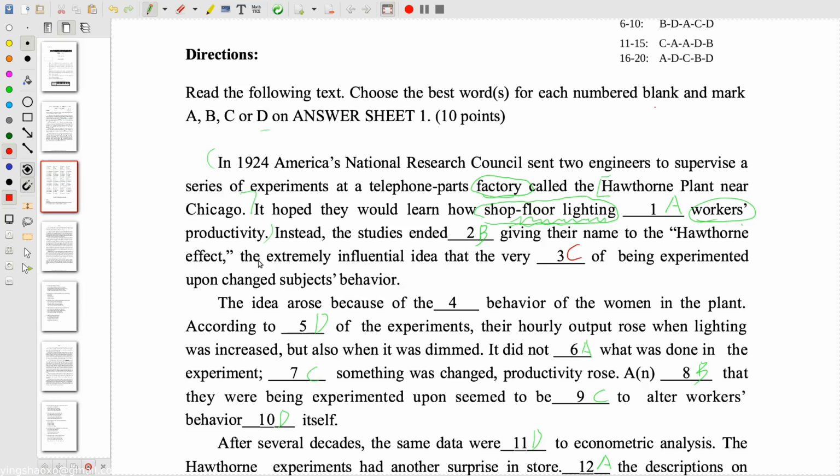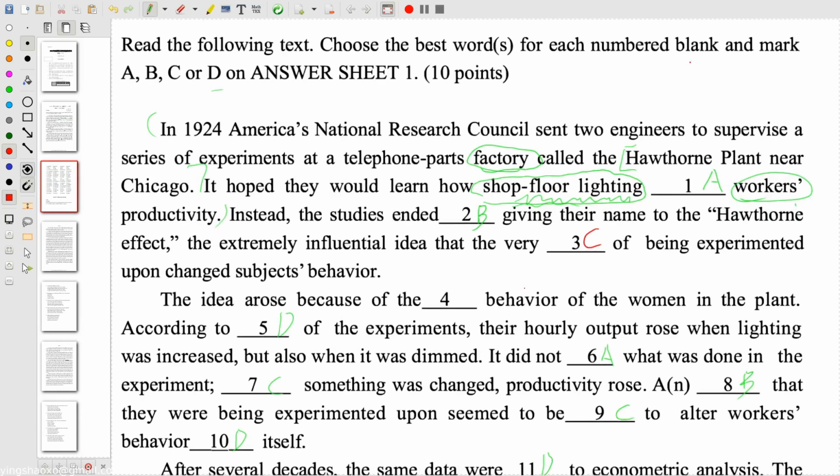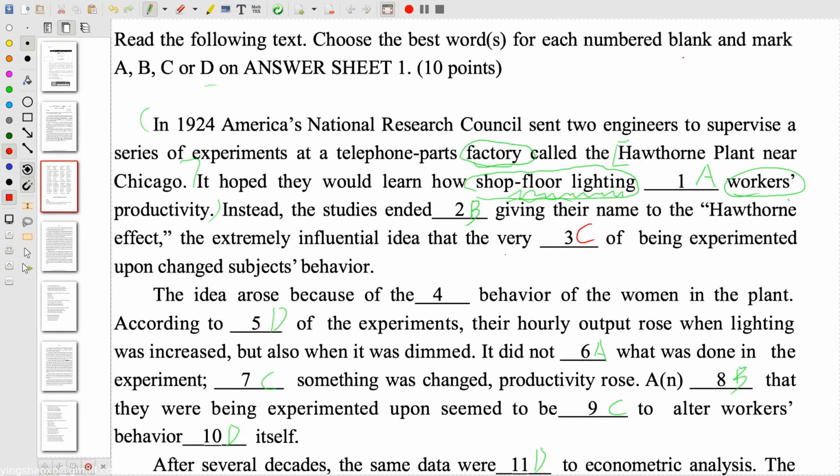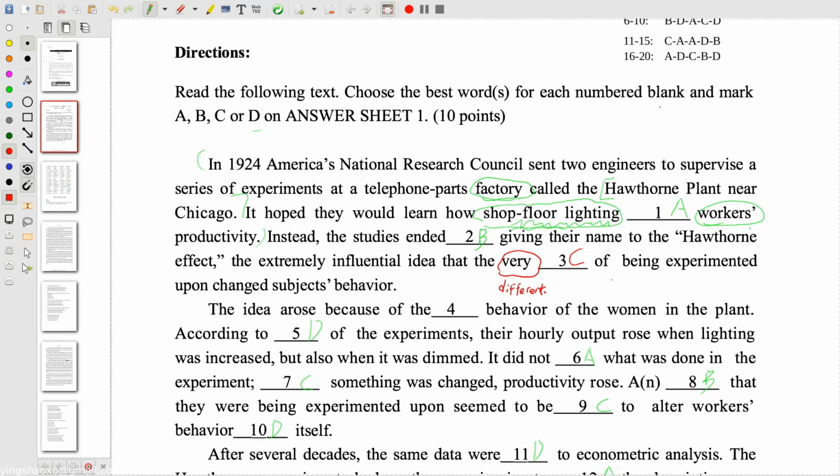Let's read this sentence again. The extremely influential idea that the very act of being experimented upon changed the subject's behavior. So, in other words, this word "very" means different, the different way.